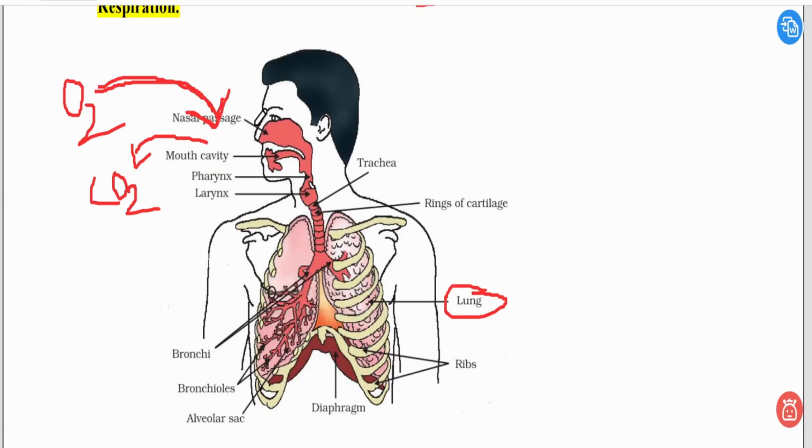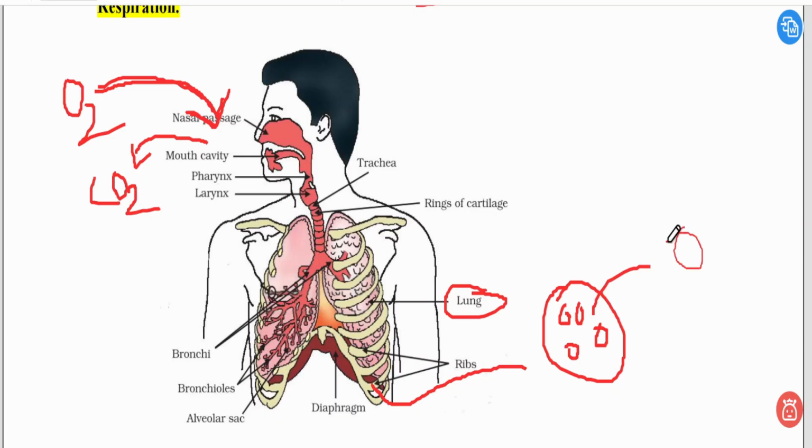Now see, this oxygen, when it reaches the lungs, from the lungs it will move to the blood, and from the blood it will then move to the various cells of the body. Inside these cells, what will happen? Breakdown of food sources with the help of the oxygen that is supplied to the different cells of the body.